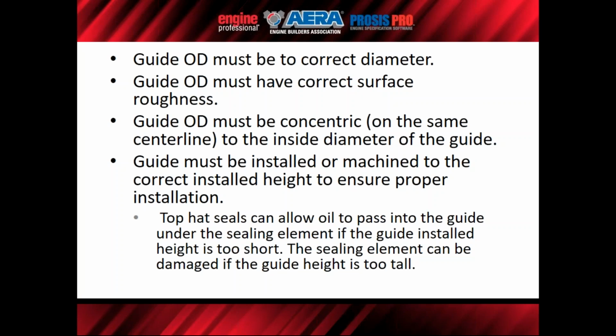You have to make sure you've got clearance between the retainer and the top of the guide and things of that nature. But if the guide is too tall on a top hat style seal, you can actually deform the rubber element on the inside. You can push the sealing element out, or just shear the material if it's bonded to the steel.